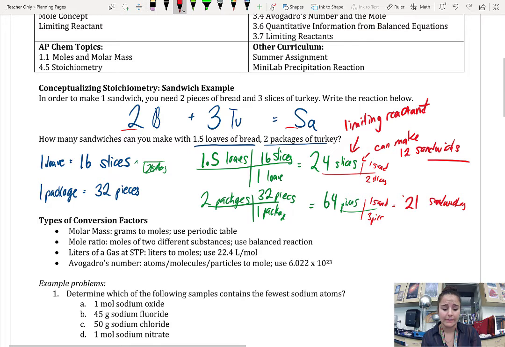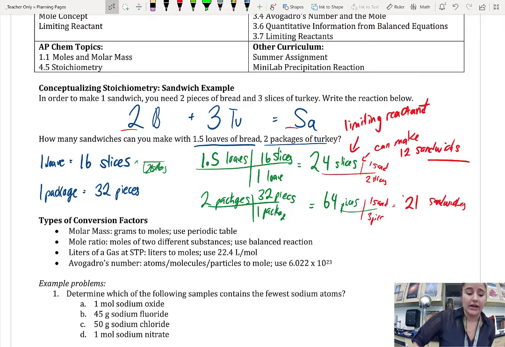So there are a couple of different types of stoichiometry conversion factors that we use. These are analogous to the loaves of bread and the pieces of turkey in a package. We use molar mass, that's when converting from grams to moles. Our list of molar masses is the periodic table. We use mole ratios, which is the ratio of two different substances.